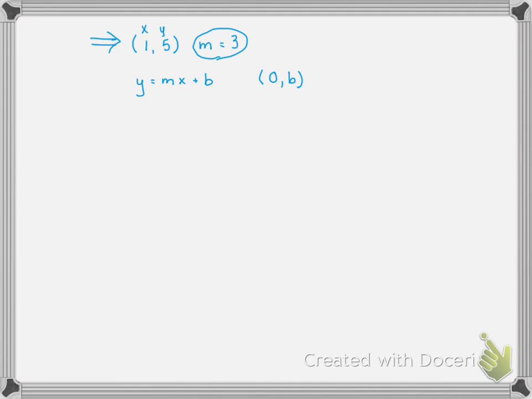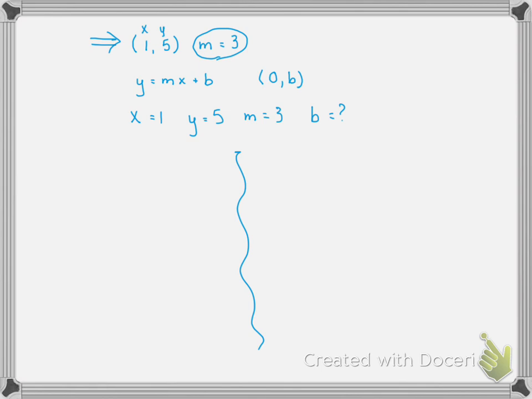What we have is an x value, a y value, and an m value. What we do not have is the b value. What we don't have is the y-intercept. So there are two ways in which we could write this equation and get the same equation.